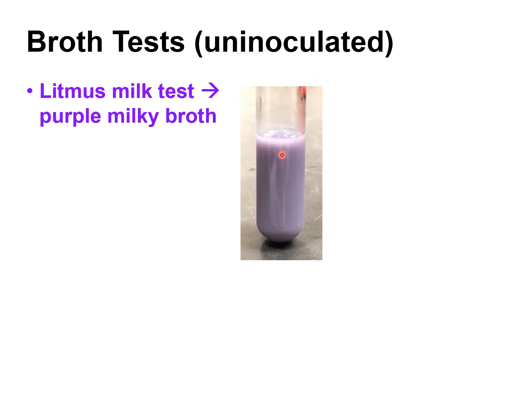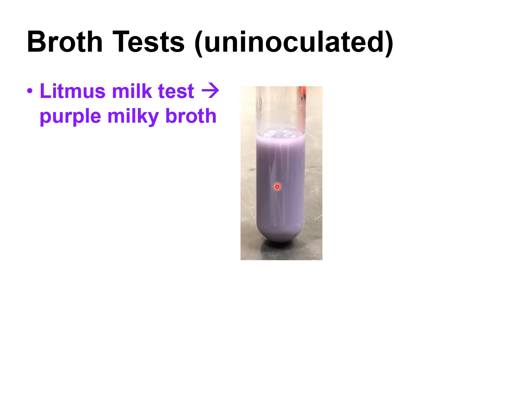Now, this broth contains milk, so that's why we call it the milk test. It contains milk, and it contains something called litmus, and litmus is a pH indicator. We've talked about pH indicators before, but what is a pH indicator? It's basically a chemical that's going to change color based on the condition of the media.